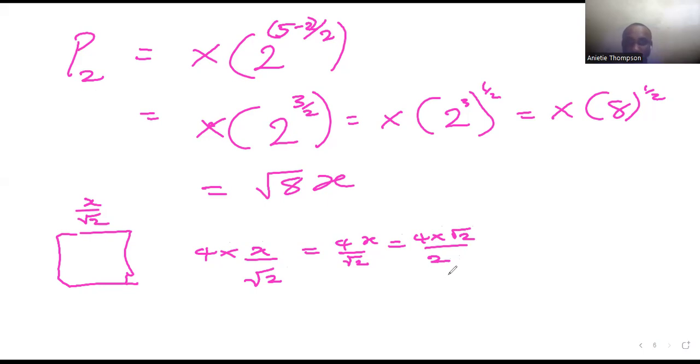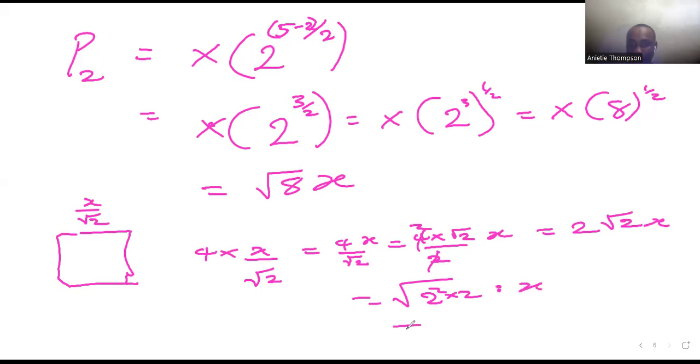Oh yes, okay, we still have x here. All right, so this cancels this. We have 2. So that gives us 2 root 2 x. Or if you pull 2 inside, you will have square root of 2 squared times 2 times x, which is square root of 8 x.